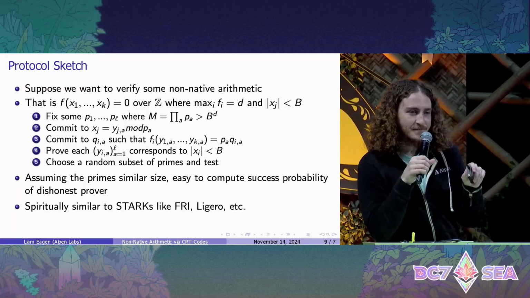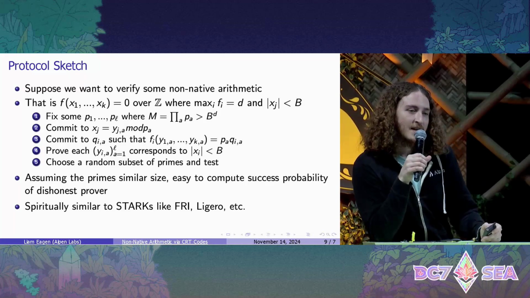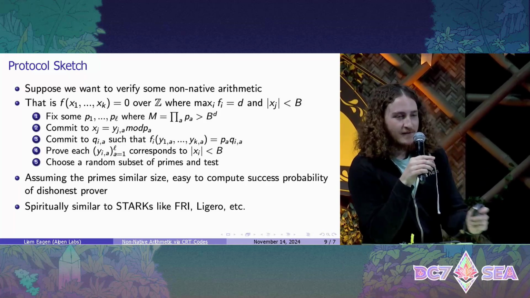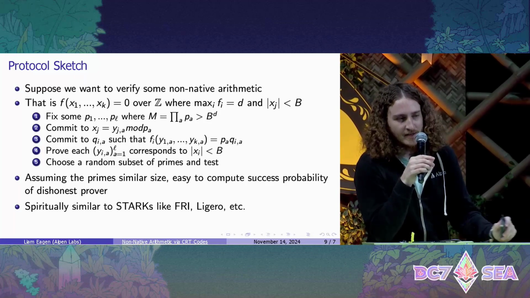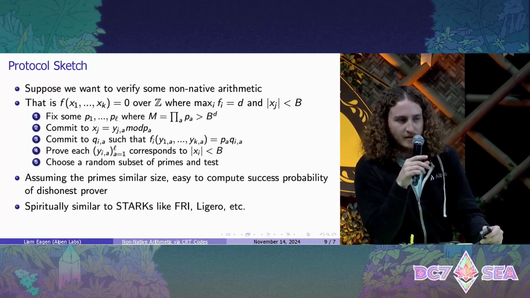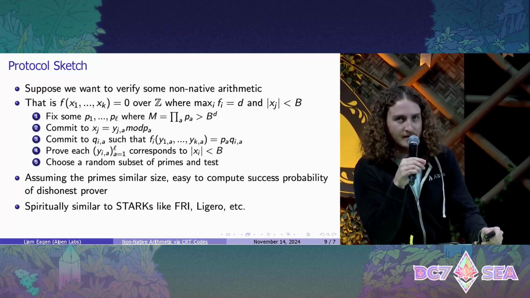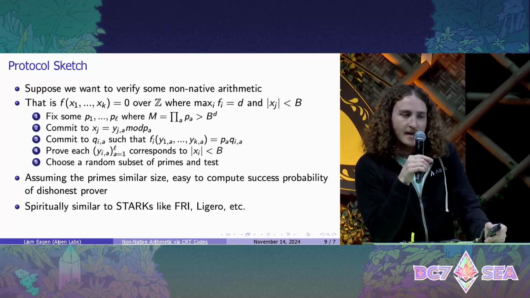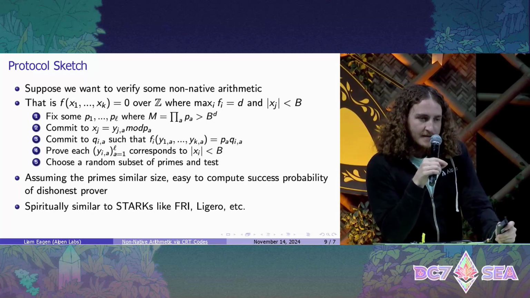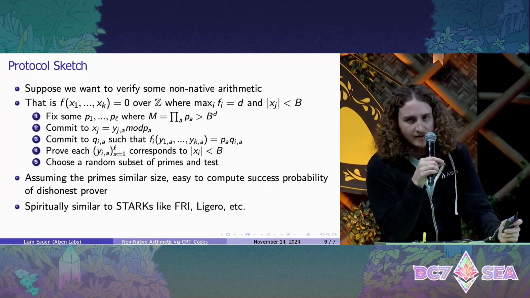Okay, so this slide I just screenshotted because it was horribly mangled by the formatting. The sketch of the protocol is, suppose we want to verify some non-native arithmetic. So we have some system of polynomial equations, the f in different x's, which are integers. And the f's have degree d, and all the integers are bounded.